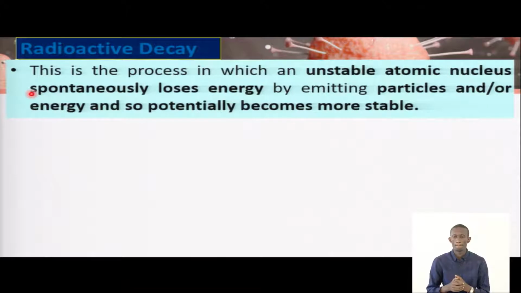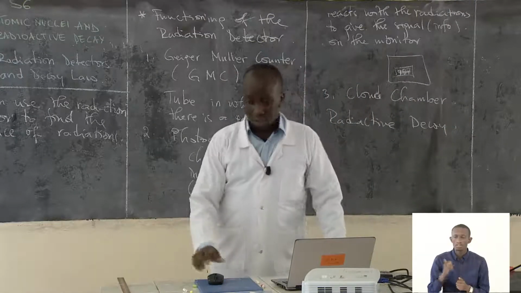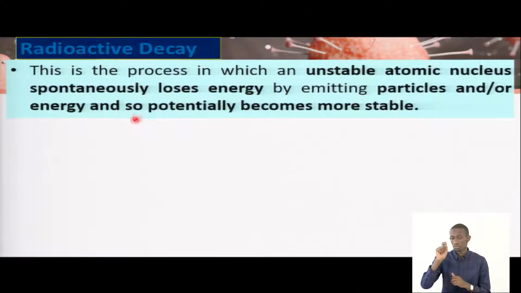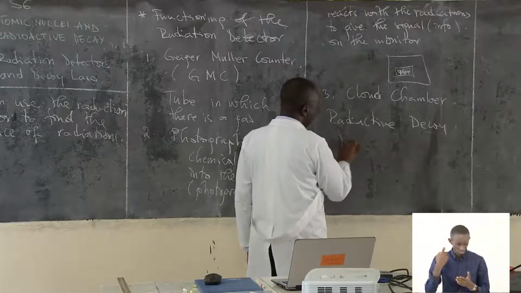Radioactive decay is a process in which an atomic nucleus spontaneously loses energy to become another nucleus. This is what we have said. But again, you can ask yourself, what is a decay?